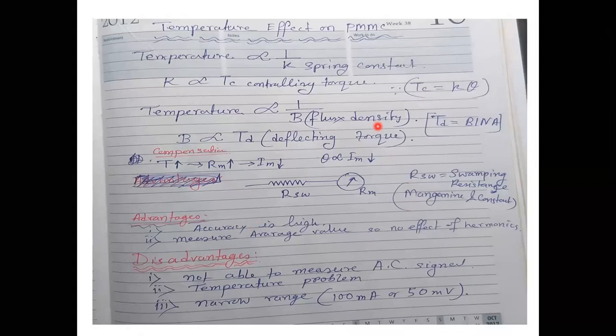Anyone can answer? This is a GATE type question. In MI type instrument there is only one spring, but in PMMC type instrument there are two springs. So if one spring is cut, damaged, or not connected, then what happens?